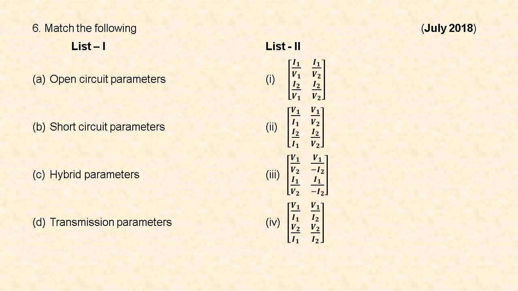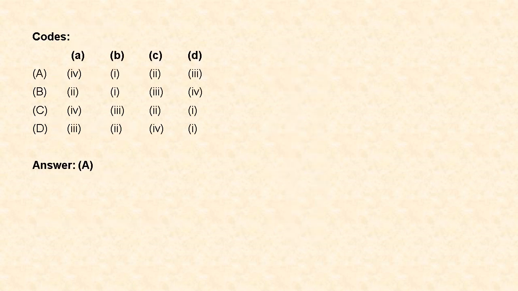First one, I1 by V1, I1 by V2, I2 by V1, I2 by V2 is correct. Next, hybrid parameters. Second one, V1 by I1, V1 by V2, I2 by I1, I2 by V2. Next, transmission parameters. V1 by V2, minus V1 by I2, I1 by V2, I1 by minus I2 are given for the question. So here option A is correct.